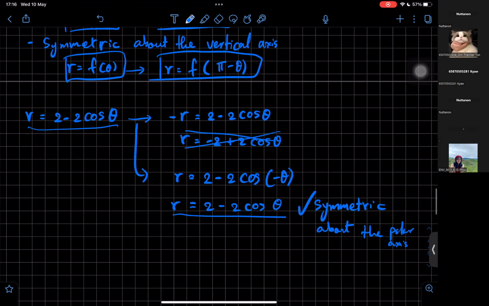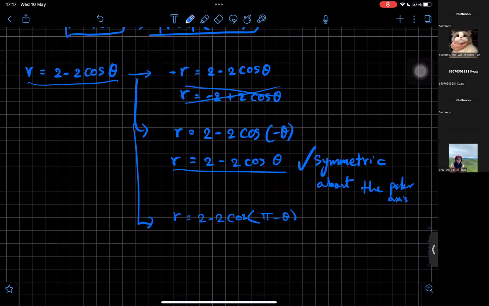Okay, and check another one. r equal to 2 minus 2 cos of pi minus theta, right? Is it equal? The answer is no, because cos of pi minus theta and cos theta are not the same.